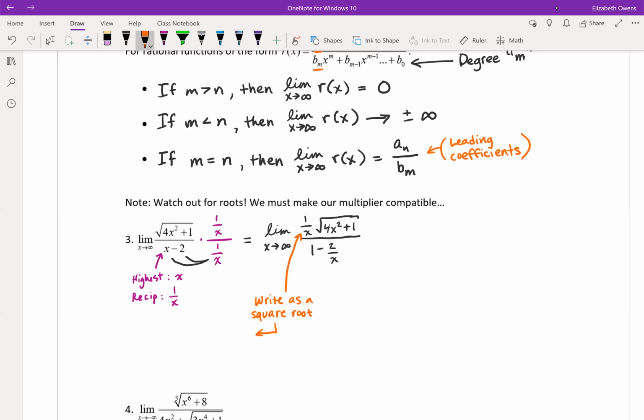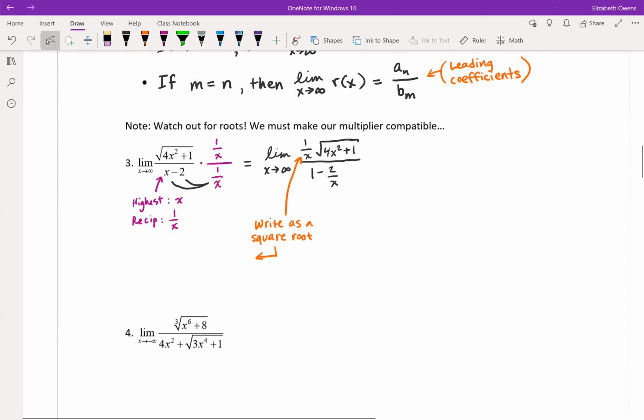So to write this as a square root, we've got 1 over x, and we want to think, what could that be the square root of? We could say that 1 is the square root of 1. That takes care of the numerator.